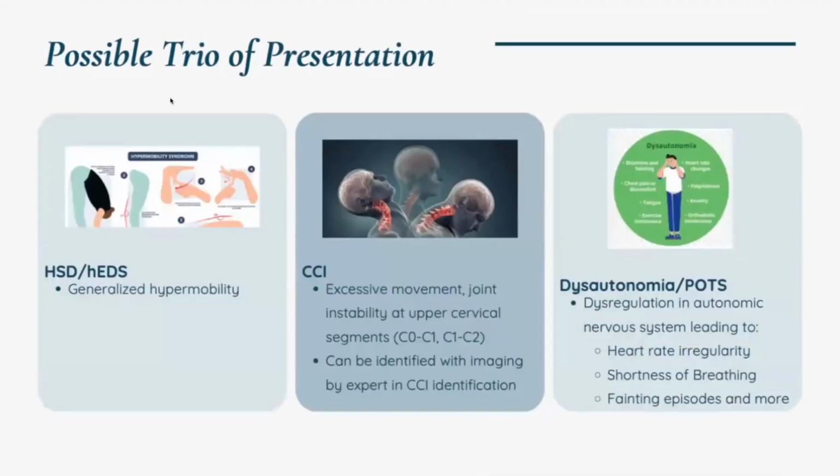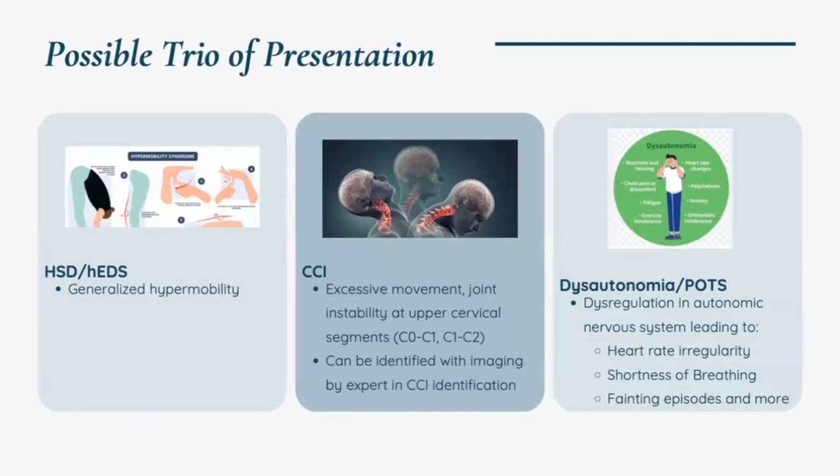So for myself, this is just how I am thinking of things when I'm evaluating a patient. If they are coming in and they present like they have HSD or HEDS and that generalized hypermobility, I'm thinking, okay, does this person possibly have CCI, which is one of the comorbidities? And if they have that, then I'm going to be following up with questions about dysautonomia and POTS.